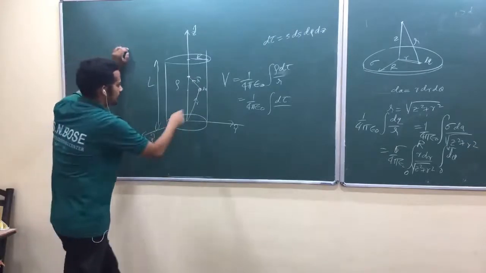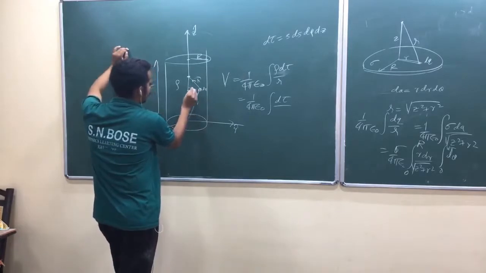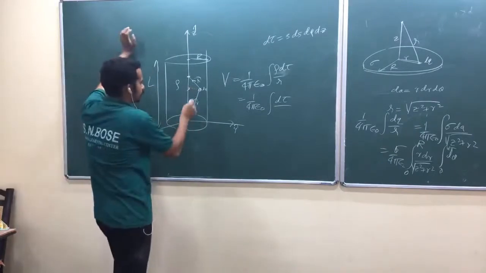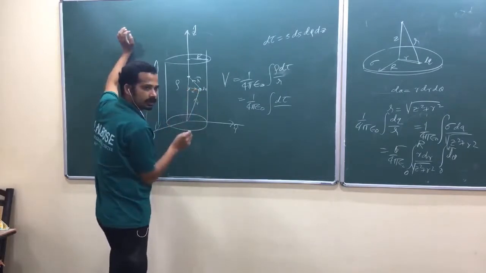Wait a second, this is not needed. Let me argue like this. Let me draw one perpendicular to this one. Let me take this one as S vector. Can I take that as S vector?